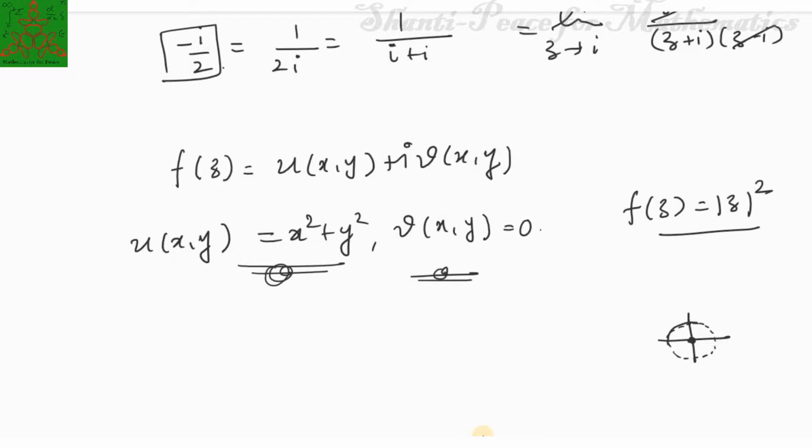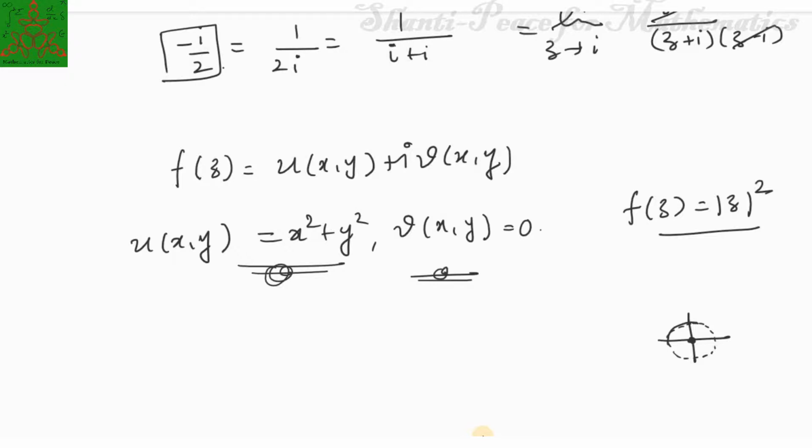You can recall your advanced calculus course, in which we have a result that continuous partial derivatives are a sufficient condition for differentiability. Here u of xy and v of xy can have continuous partial derivatives, but the function may not be differentiable there.